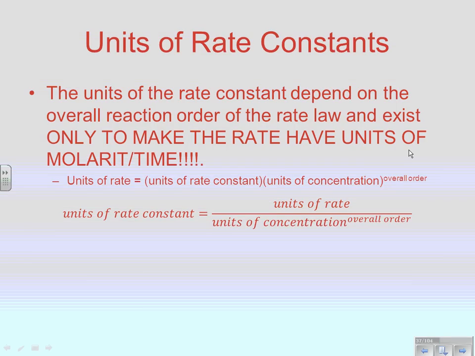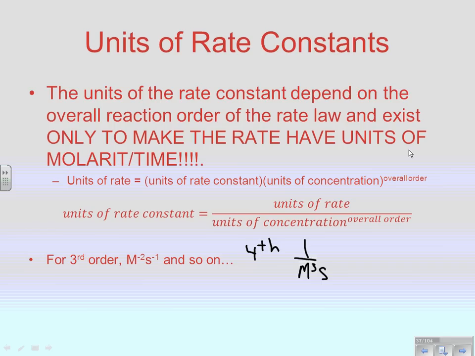Remember it was 1 over s for first order. Second order, it was 1 over M s. Third order is going to be 1 over M squared s. Fourth order would be 1 over M cubed s, and so on, and so on, and so on. So if you know what the overall order is, you know what your rate constant's units are going to be every single time. It always works out that way.